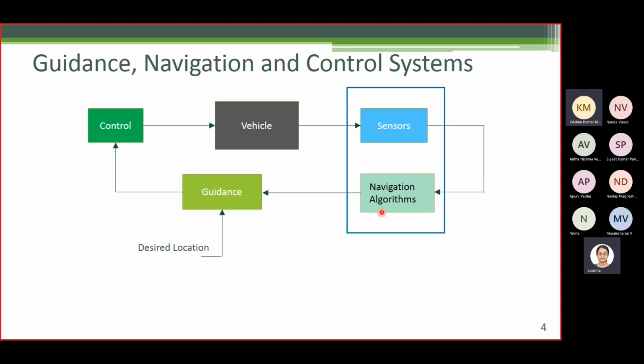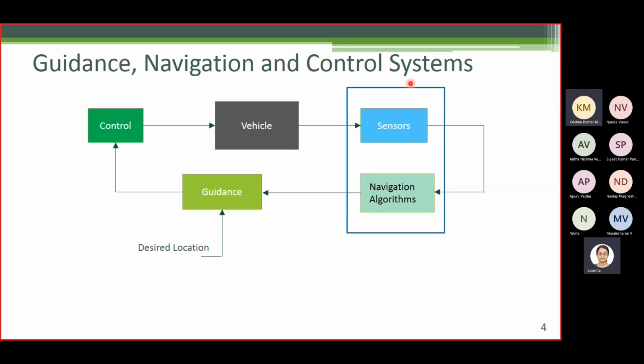So in case of the human body, all these navigation, control, and guidance algorithms reside in the brain, right? So the brain does all the things, and then finally, using hands, legs, and neck, we maneuver our body, move our body, right? So it need not be a vehicle, it can be a living being also.